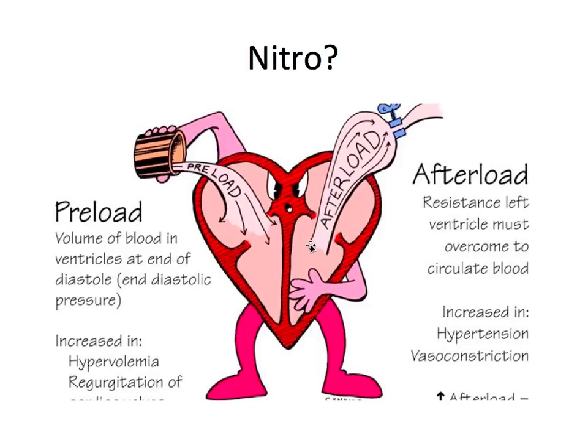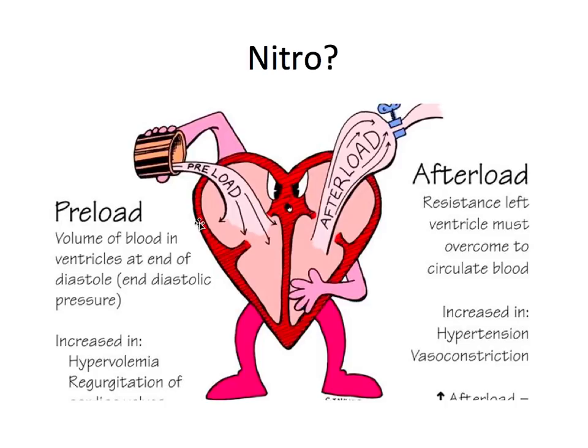Essentially, if we give nitroglycerin, we're going to vasodilate everything and decrease the amount of blood we're pushing into the right side of the heart, correct? If we decrease that, we're decreasing the total amount of blood that can be pumped.